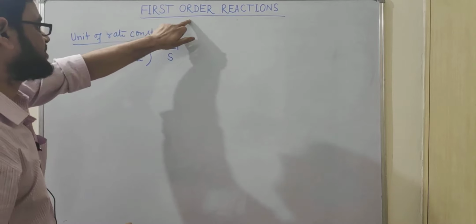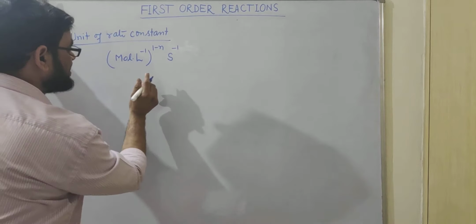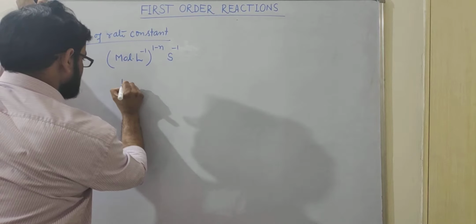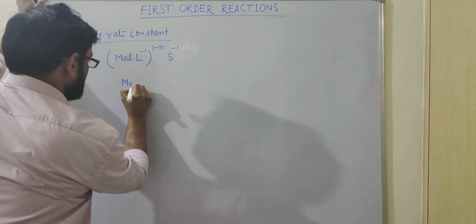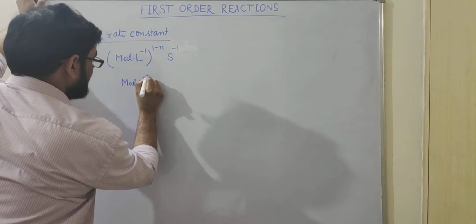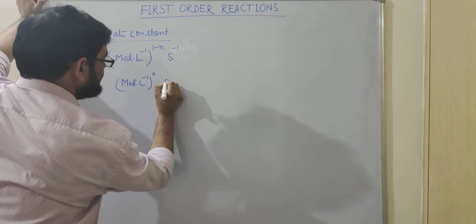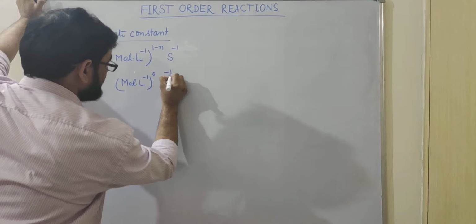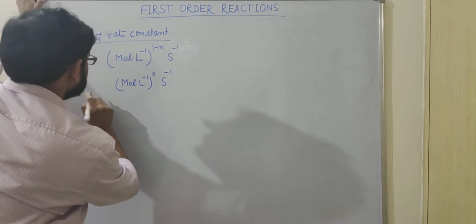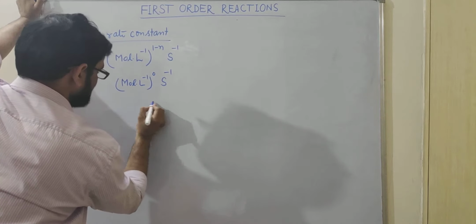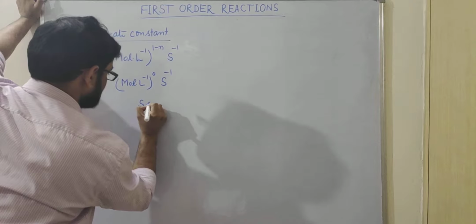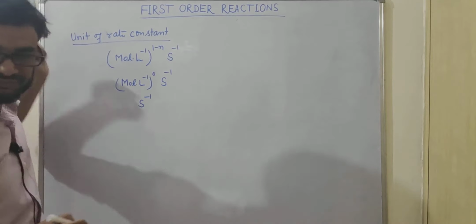Since we are dealing with the first order reaction, so value of n will be equal to 1. So that will be equal to mole liter inverse power 1 minus 1 is equal to 0 second inverse, or simply we can say that the unit of rate constant for the first order reaction will be second inverse.